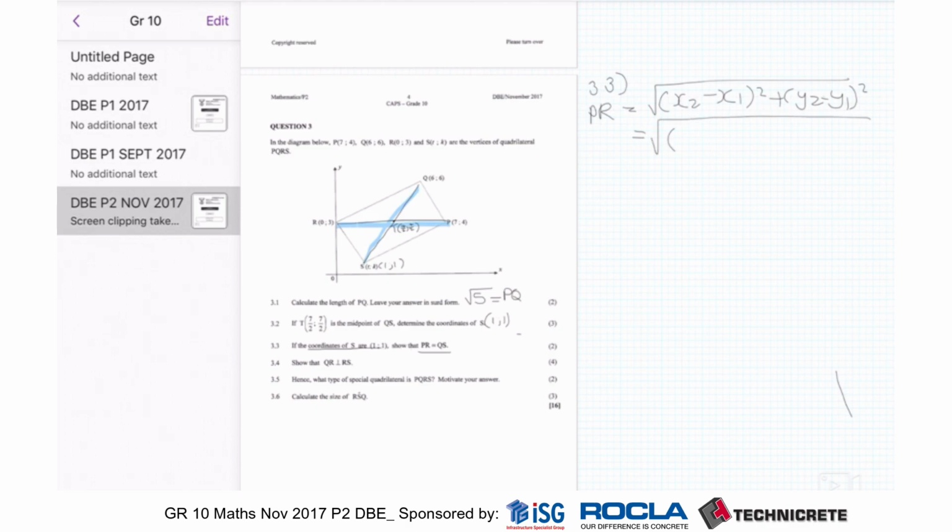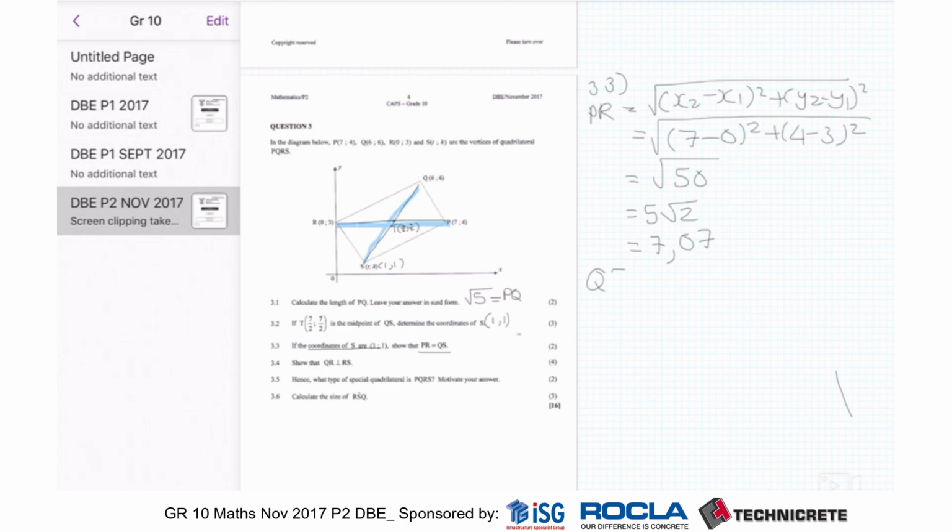So 7 minus 0 squared plus 4 minus 3 squared is equal to, put this straight into your calculator, we get root 50, which simplifies to 5 root 2 in your calculator, and that as 2 decimal places is 7.07.